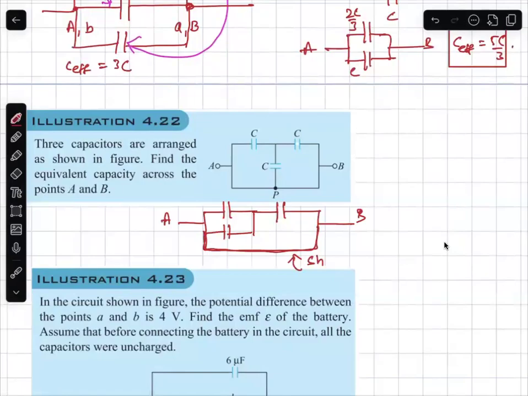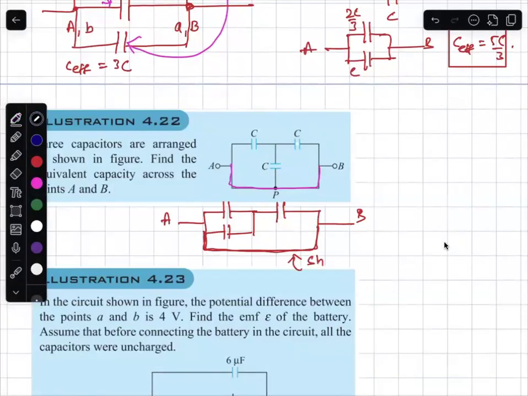You have connected A to B straight away with the conductor. I am not cheating you again. I am showing the path. You have shorted. Because of that, nothing is left there.